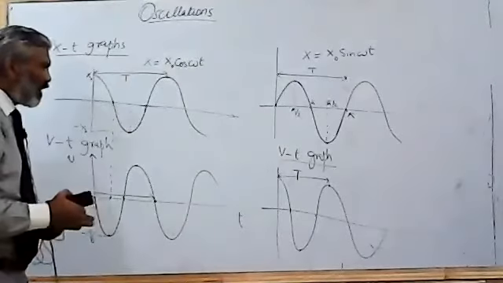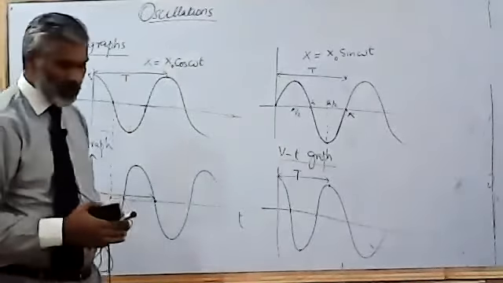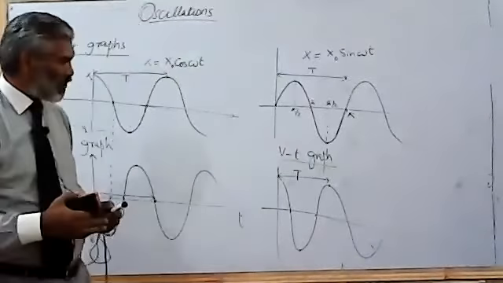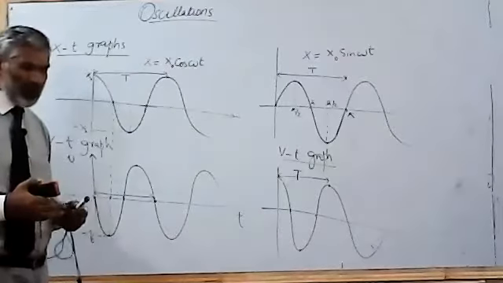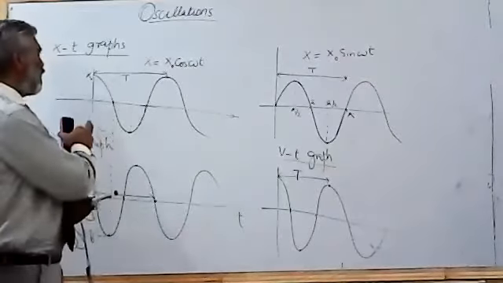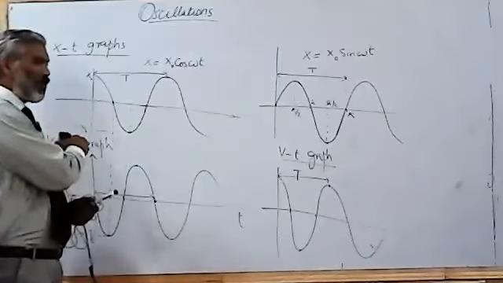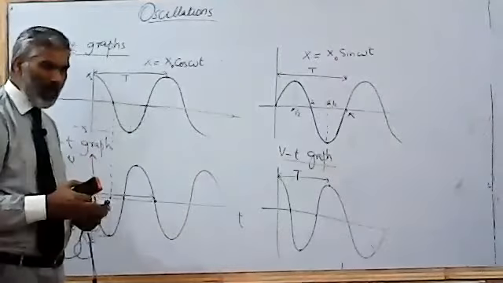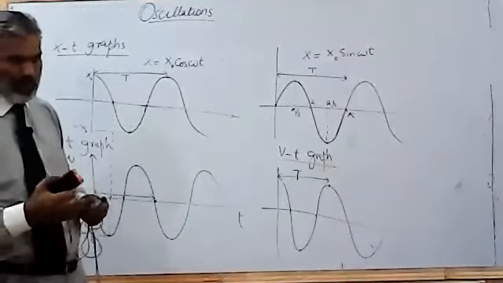One more formula that we are going to discuss now is the variation of velocity with position. Instead of the dependence of velocity on time, we are going to see how velocity varies with position.